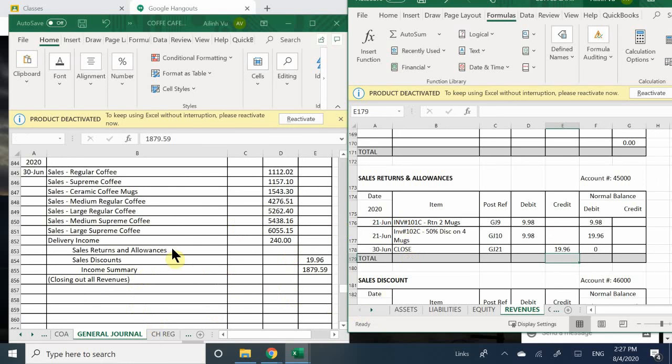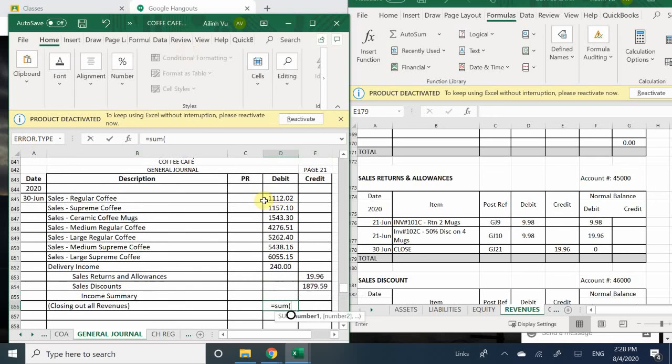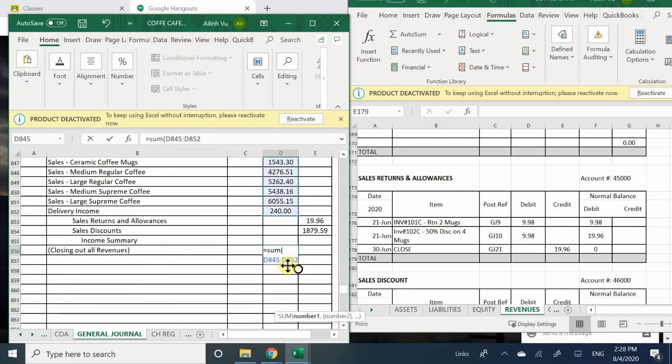Now, if I were to... oopsies. I typed in the wrong one. So 1996. This one's 1879.59. All right. Now, what I know is that these totals have to match. So if I were to equal sum this, I sum my total sales that I'm debiting. So it should be $25,084.64.